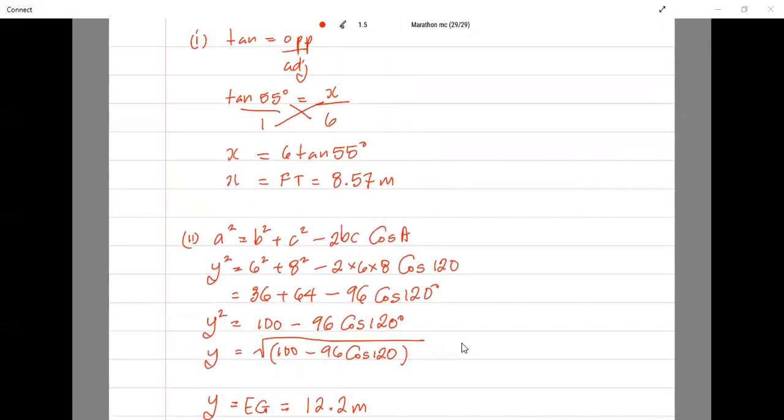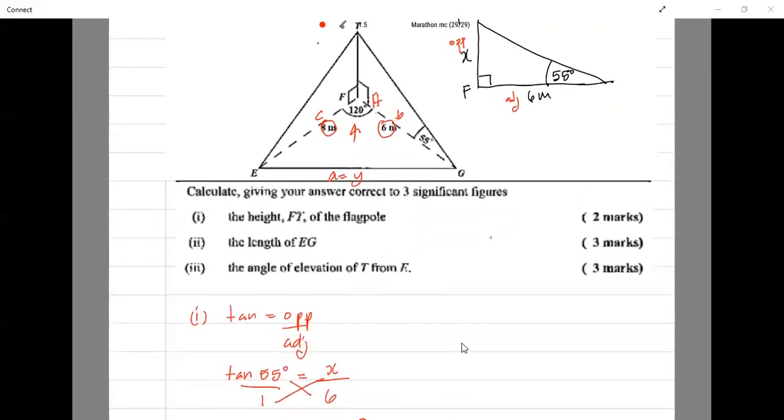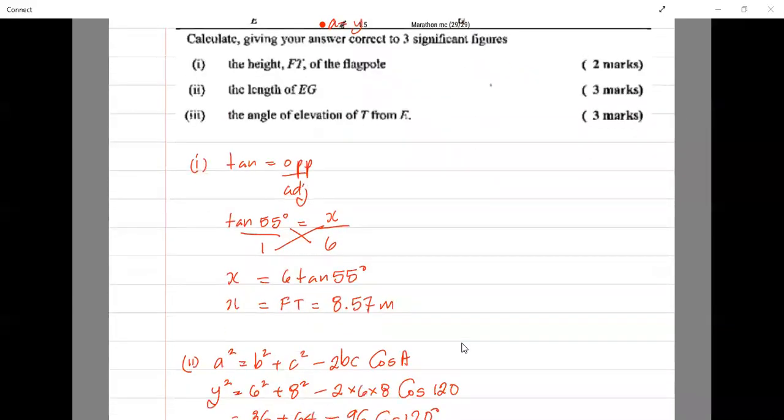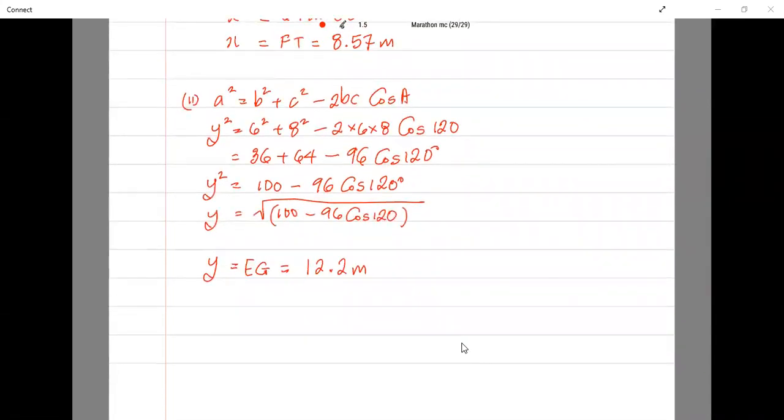Next, we're asked to find the angle of elevation of T from E. So I'm going to draw the triangle with T and F. That triangle would look something like this.